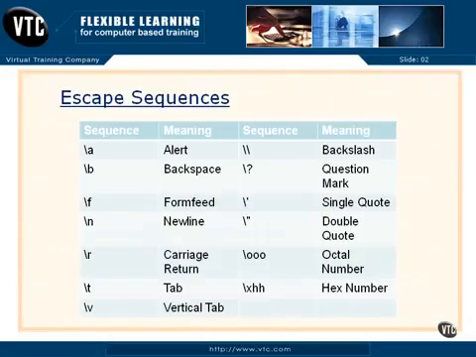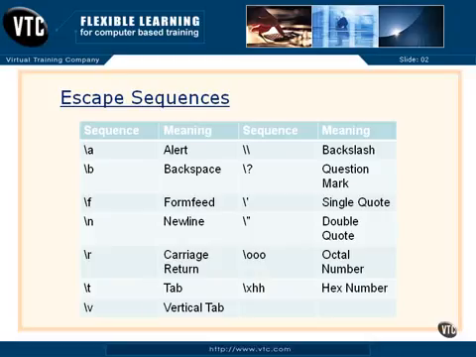Here's a bunch of escape sequences that are generally used in constants or sometimes in string constants. You've already used one of them. Notice the backslash a, that's for alert, and there's backspace and form feed and all sorts of other things. You've already used the backslash n for new line.